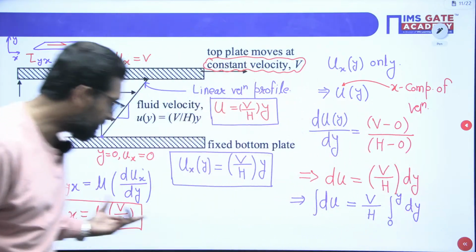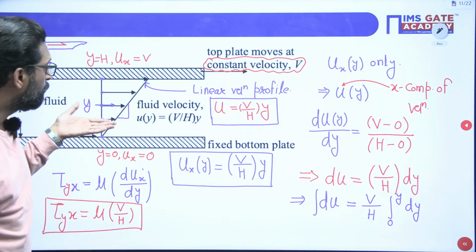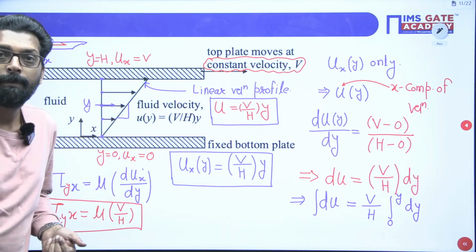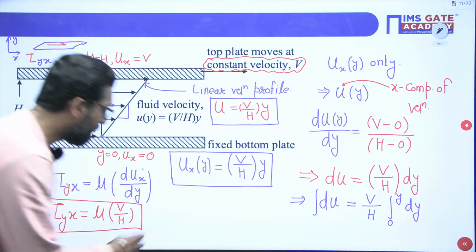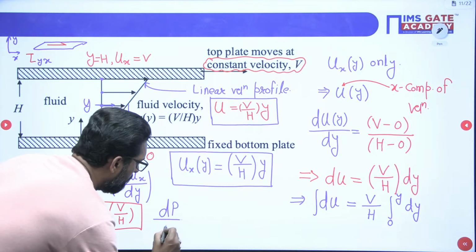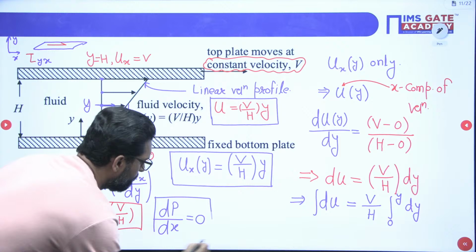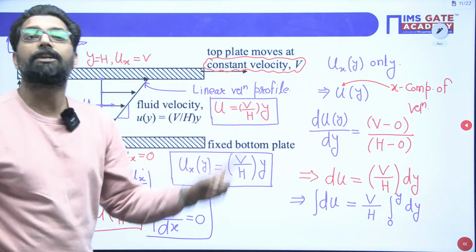So this is the first case in which the shear stress is constant through each and every layer, regardless, the pressure gradient, that means dP over dx, is 0. There is no pressure gradient. That means the fluid flows only due to the displacement of a boundary.